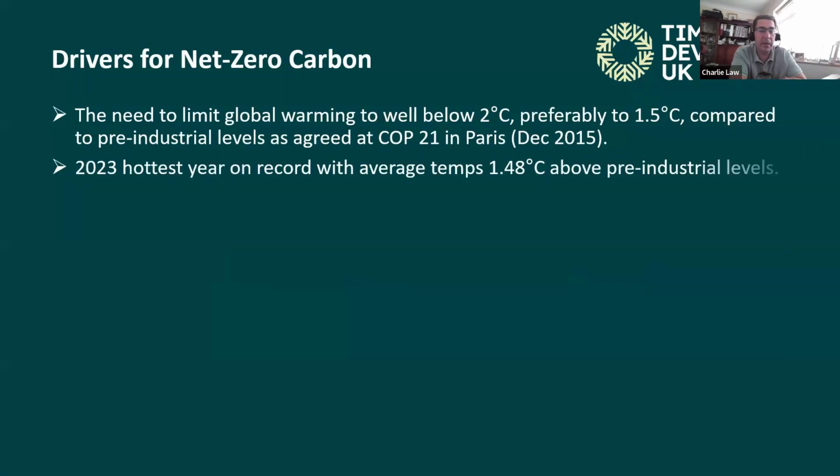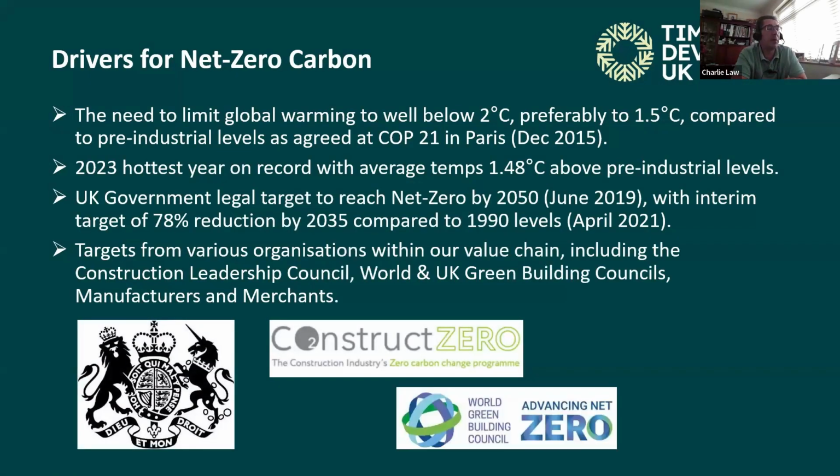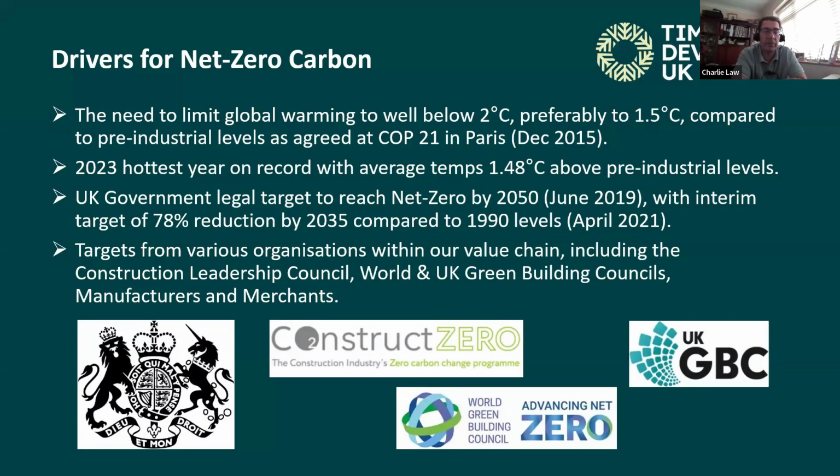Some of the key actions that have been promised, both internationally and in the UK: at the Paris Agreement in 2015, so nearly 10 years ago now, we said that we needed to limit global warming to well below 2 degrees and preferably 1.5 degrees compared to pre-industrial levels. We're already hitting 1.48, so 2023 was the hottest year on record, with average temperatures of 1.48 degrees above pre-industrial levels. So we're already very close to hitting that at the moment, and we're a long way off from 2050, so we really need to be doing something fairly urgently.